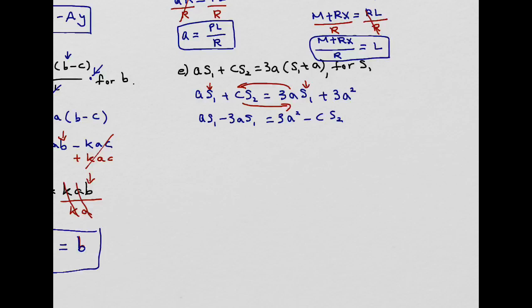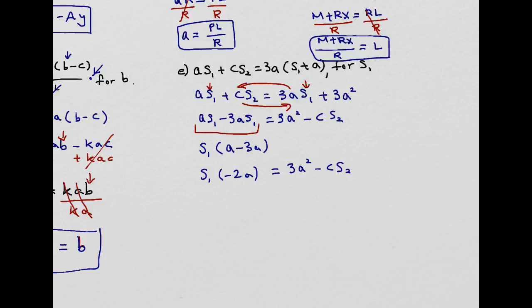From these two, I cannot combine them because they are different terms, but you can factor S1 out. When you factor S1, you have a minus 3a remaining, which is going to be negative 2a, equal to what else we had on the other side: 3a squared minus c s2.